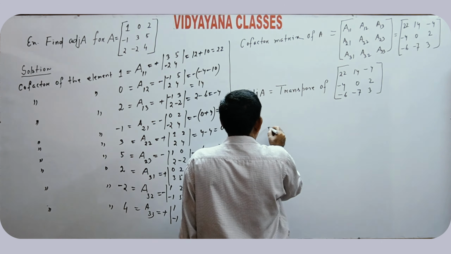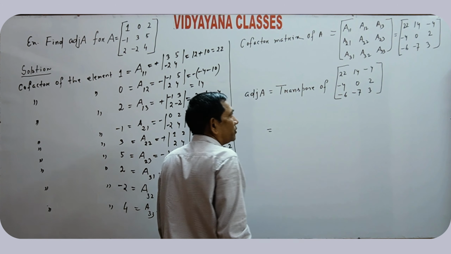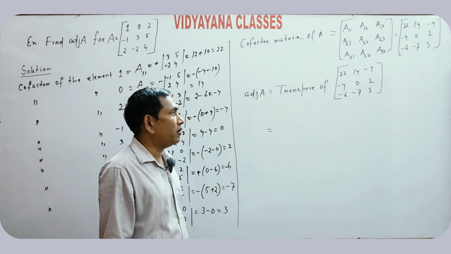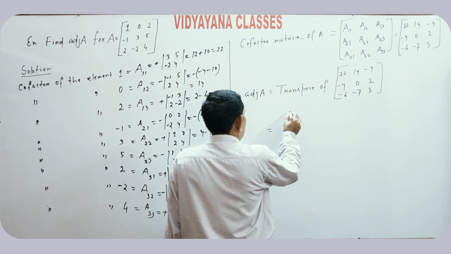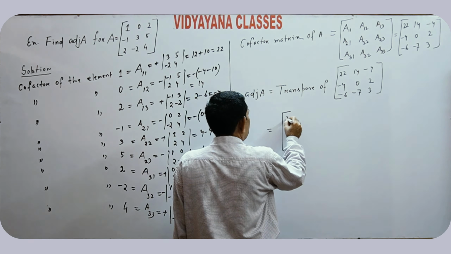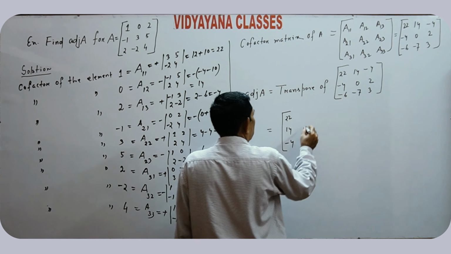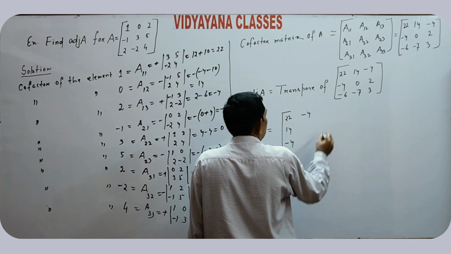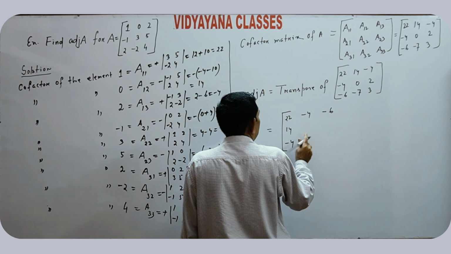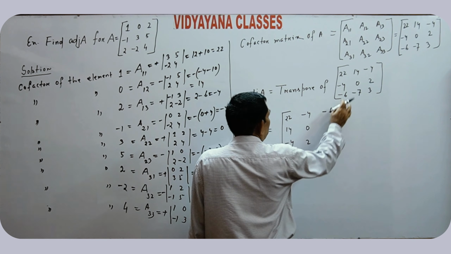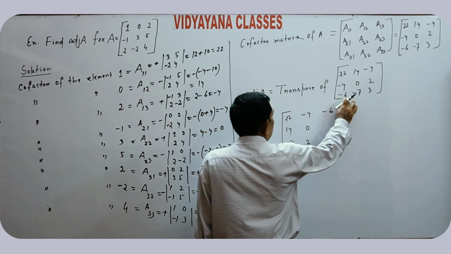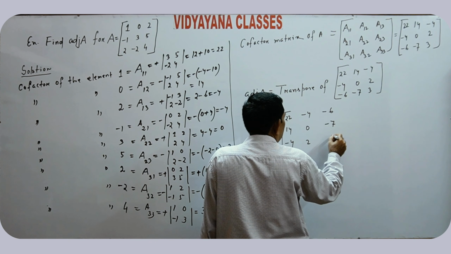Transpose means rows change to columns and columns change to rows. It gives 22, 14, minus 4, minus 4, minus 6, minus 4, 0, 2, minus 6, minus 7, and 3.